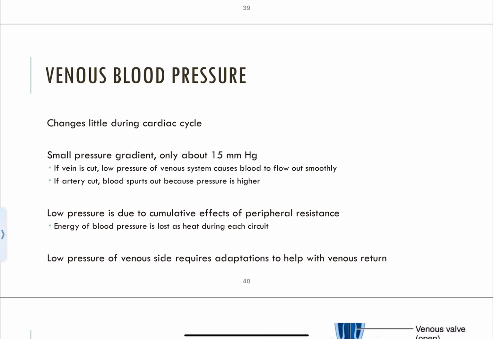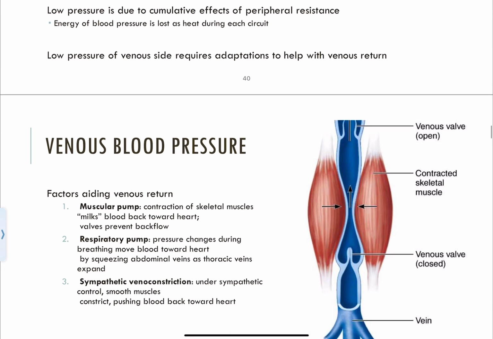So one downside to our veins having such a low blood pressure is how do we get this blood at a low blood pressure all the way back to our heart, especially if we're talking about inferior places like our ankles or our feet? We have to have some adaptations to continue to have the blood moving in one direction superiorly to our heart.